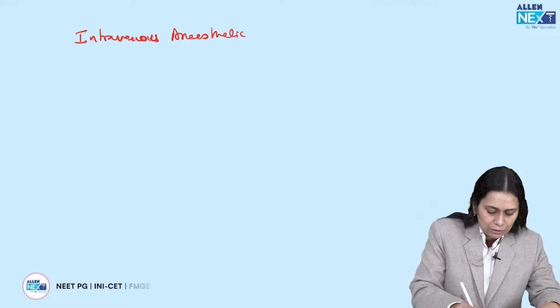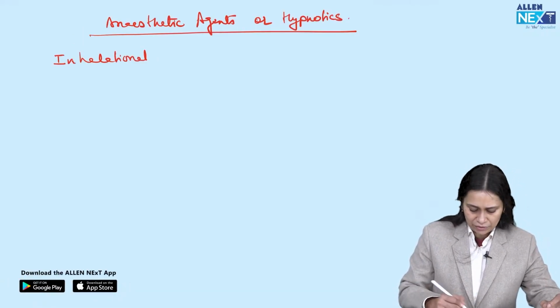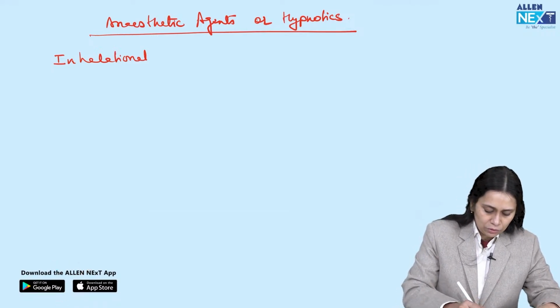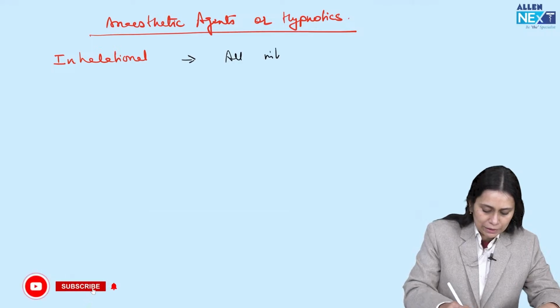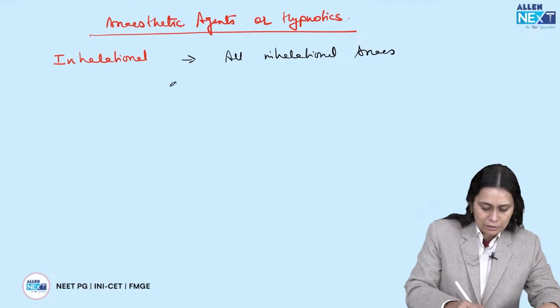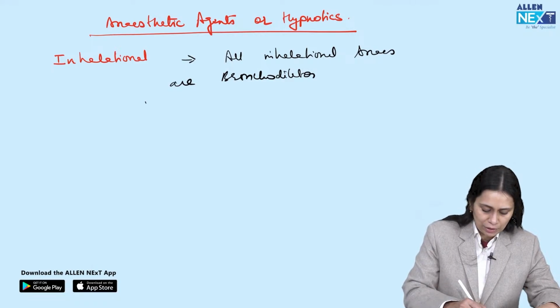Okay. Now, in inhalational, most of the inhalational anesthetic agents are bronchodilator. So, all inhalational anesthetics are bronchodilator. And from best to worst, best is your halothane.